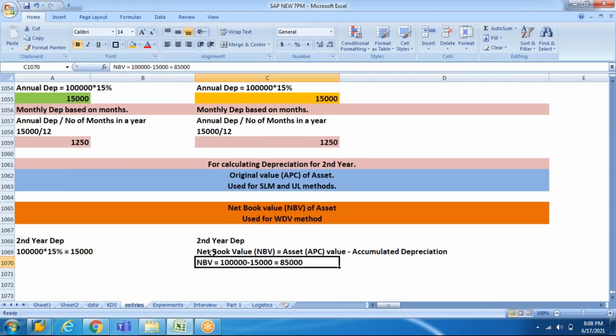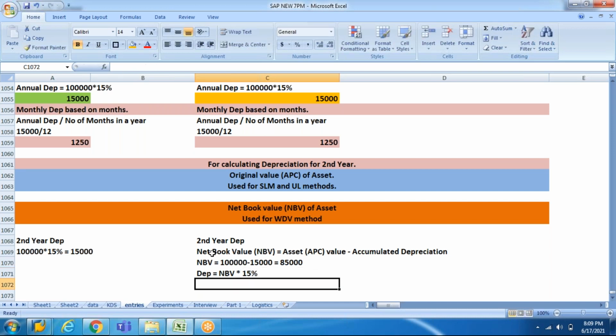Agree? Yes. So now depreciation is equal to NBV into 15 percentage. Depreciation will be calculated on net book value into 15 percentage.